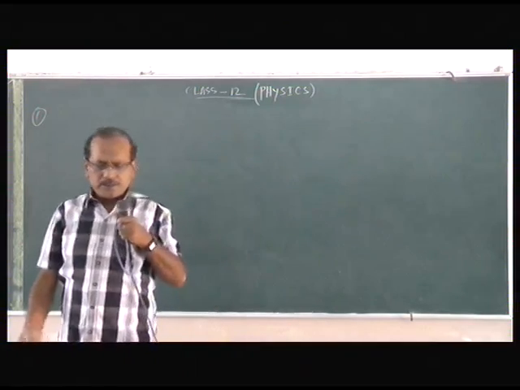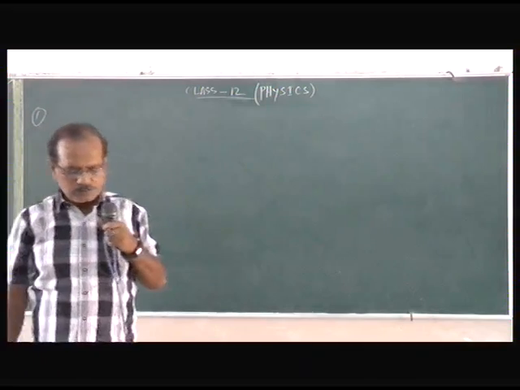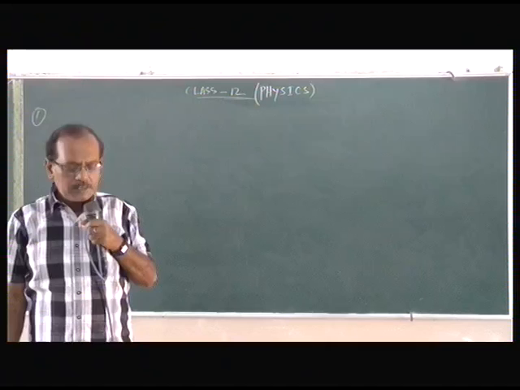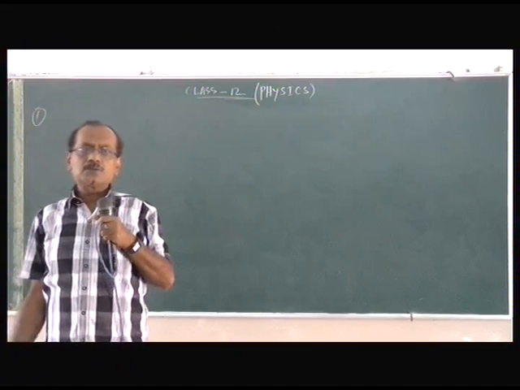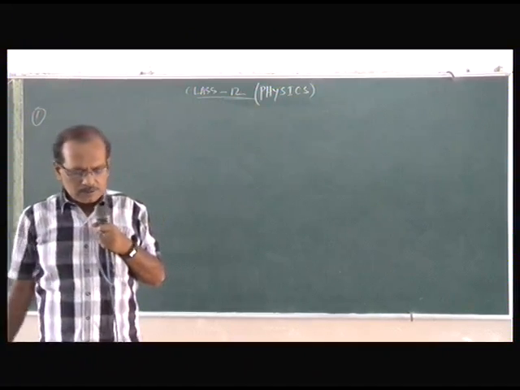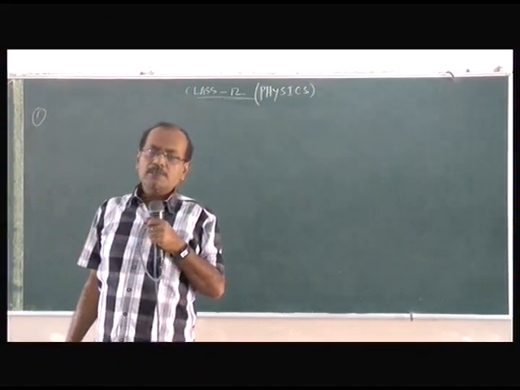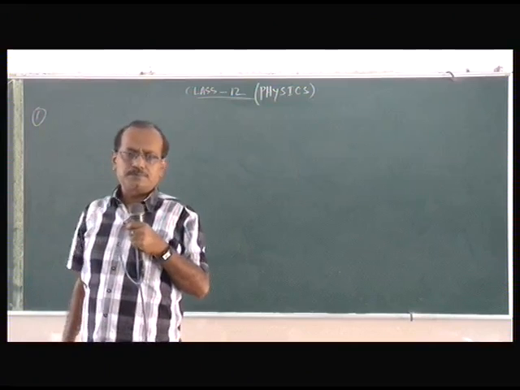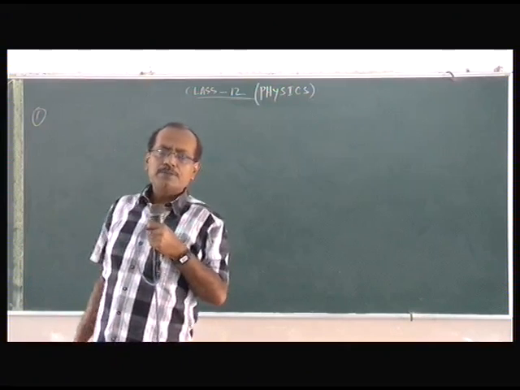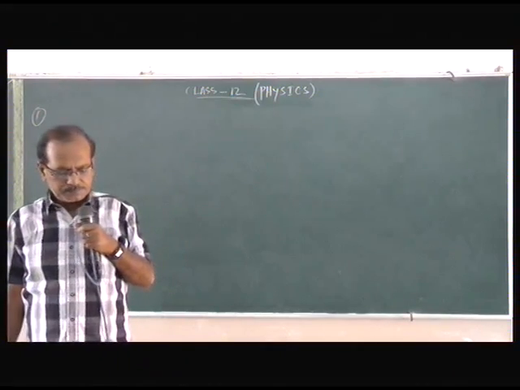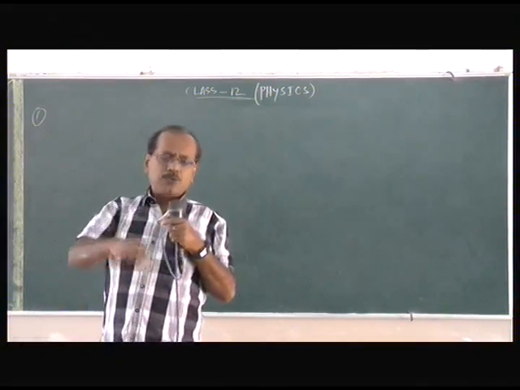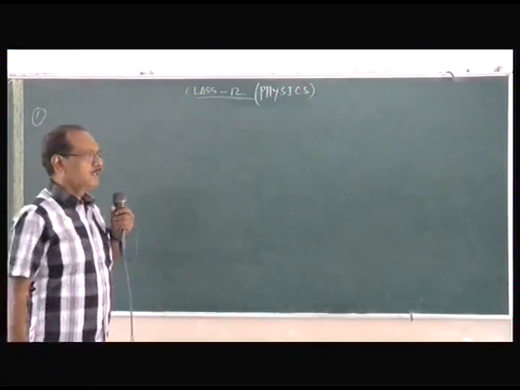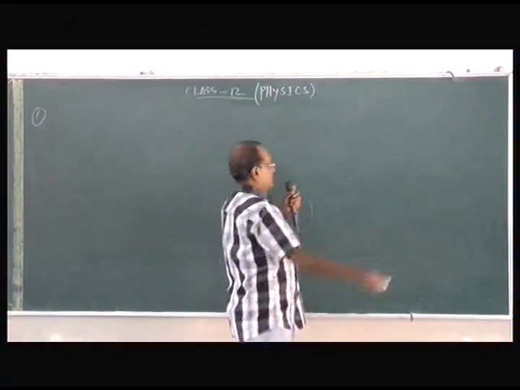The total electric flux passing through any closed surface is equal to 1 by epsilon naught times the net charge, total charge, enclosed by the surface.